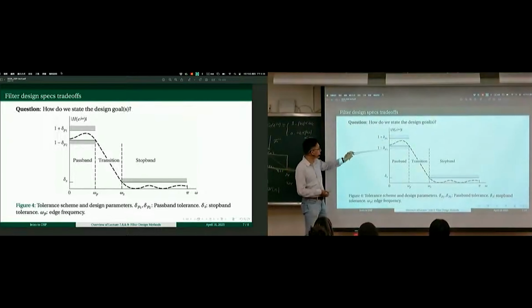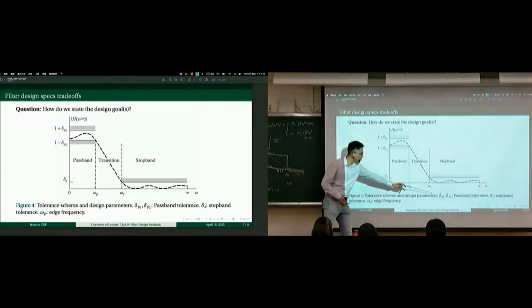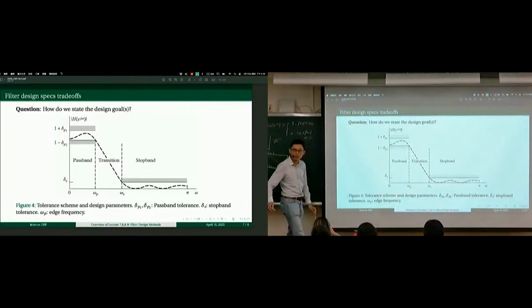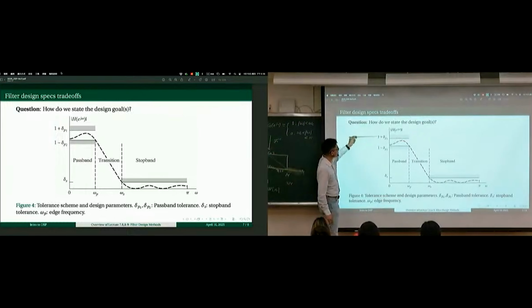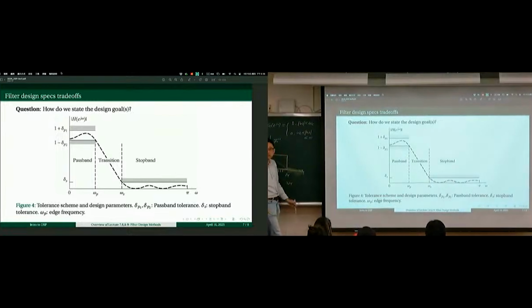Delta P1 and delta P2 are called the pass band tolerance. If the gain is within this interval, then we say, okay, you've satisfied my specification, I'll accept it. That's called the tolerance.